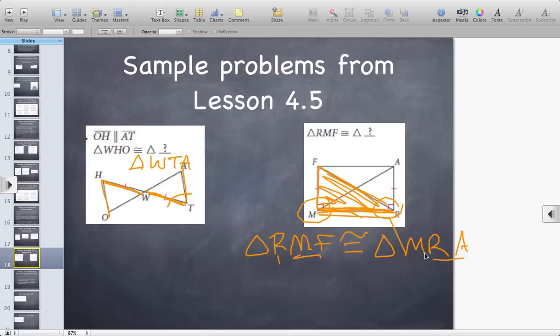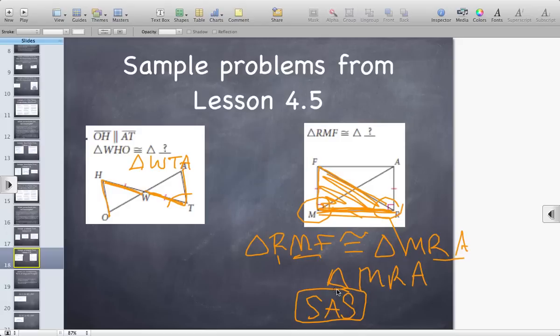So we know it's congruent because it's the exact same measurement. It's shared between the 2 vertices. So triangle RMF is going to be congruent to triangle MRA, courtesy of side, angle, side. So that information proves to us that these 2 triangles are congruent.